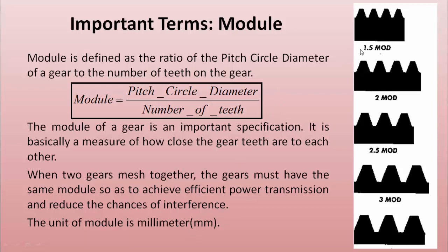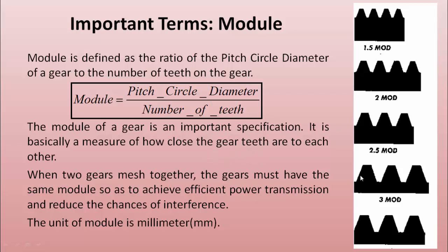Generally, here you can see this has a module of 1.5, this has a module of 2, all in mm. Now imagine you have to mesh two gears. You have one gear and you have another gear, and you have to mesh these two gears together. If you use a gear of 1.5 module and another gear of 3 module, these two will not be able to mesh with each other.